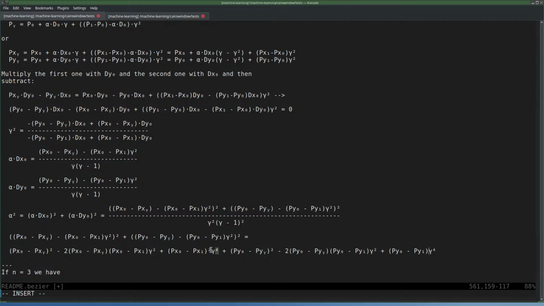Oh wait, this must be squared as well. Which equals the length of P gamma.